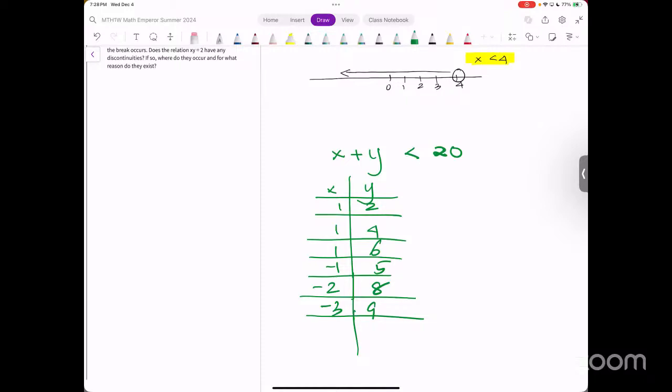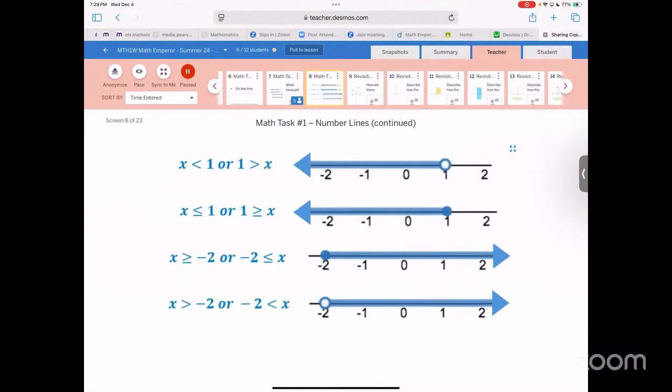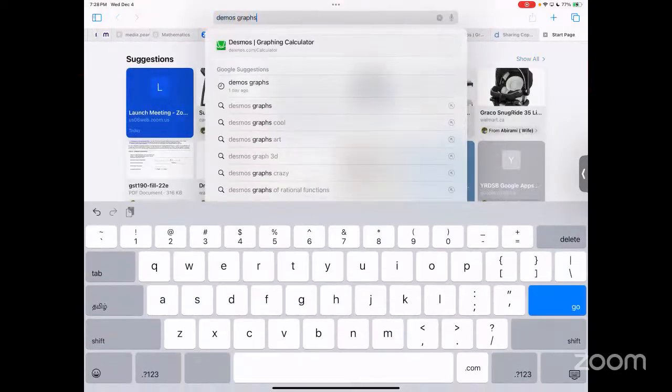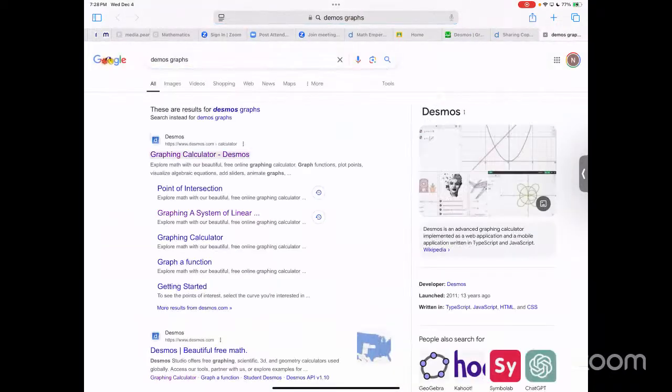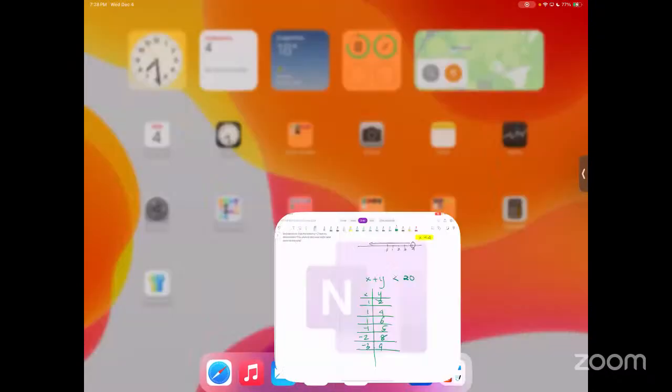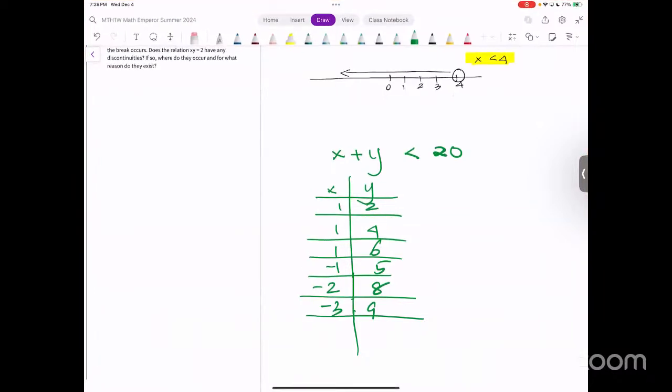Let me go back to do that, on a Desmos graph. So we're going back to the Desmos graph. If I want to plot those points in a coordinate axis, do you guys think this is going to be representing a single line, or is it going to be representing something else?